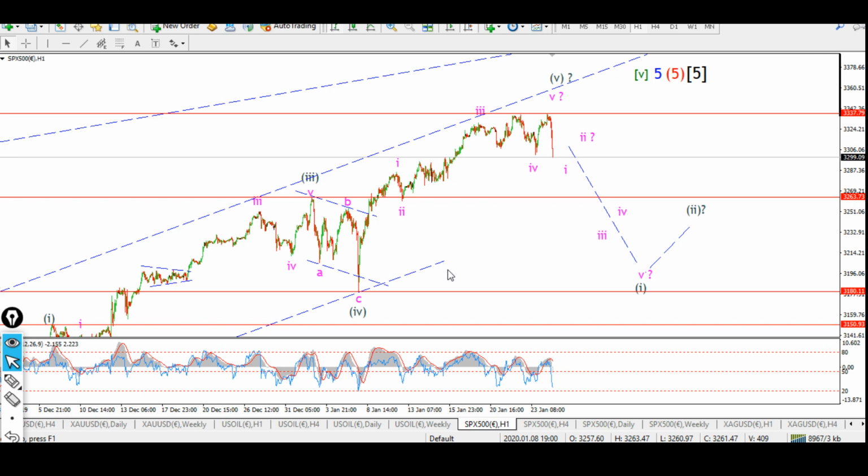Breaking that low there at 3180 would be icing on the cake. So let's see how that develops next week. We want to see 5 waves down. It seems that the strength of the decline this evening points to an impulsive decline. So let's see how that develops later on.